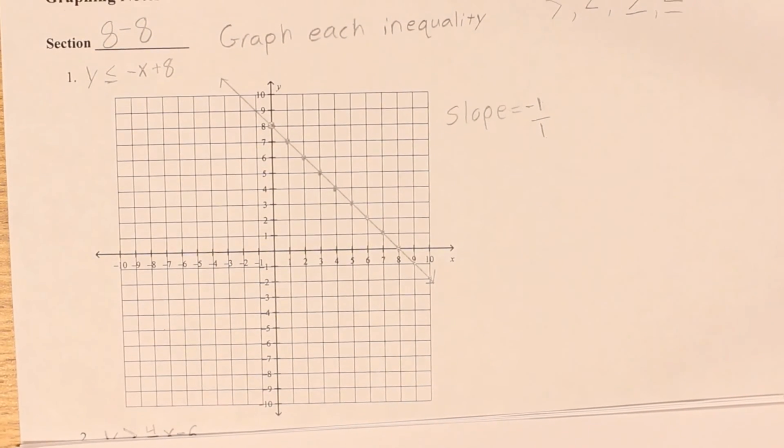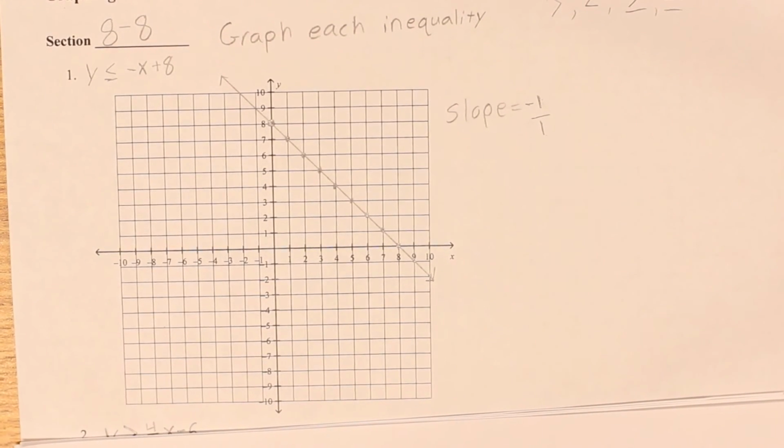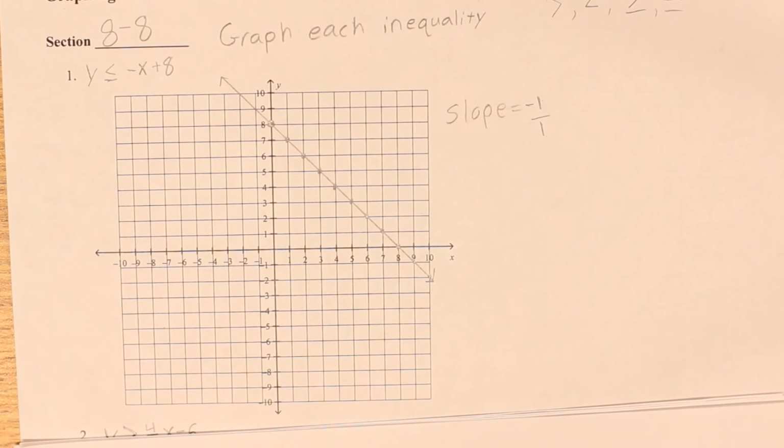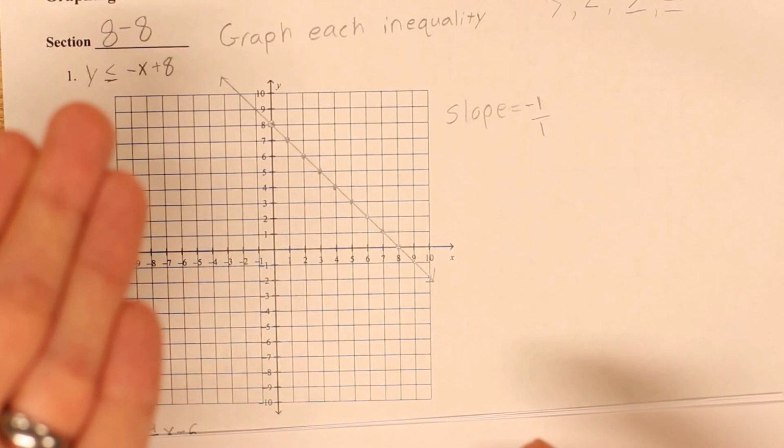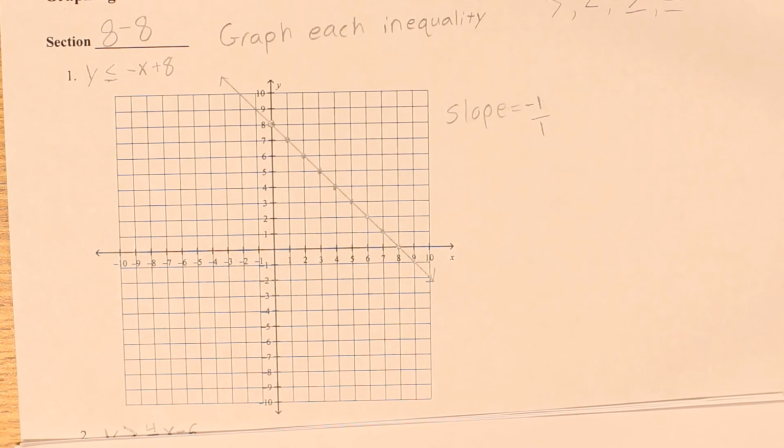Now we're going to touch on one of the major differences of inequalities versus equations. And that's this whole less than or equal to symbol. Now, I hope you do remember that when we graph an equation, we're graphing all of the possible solutions for that equation.